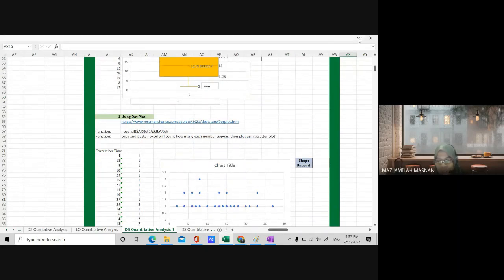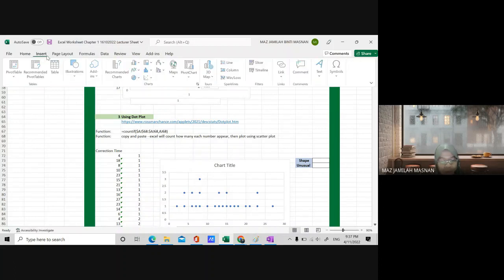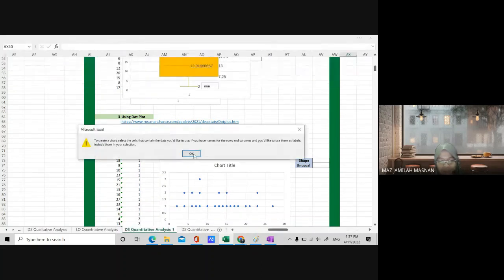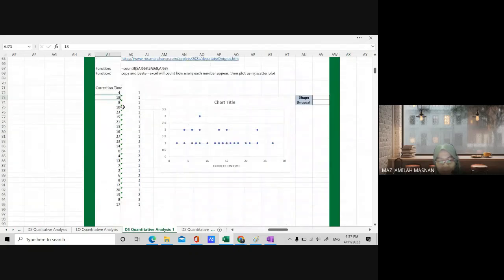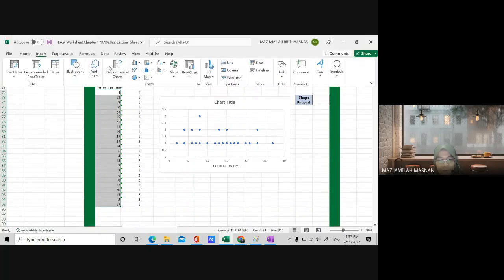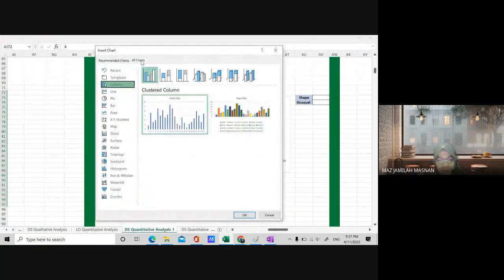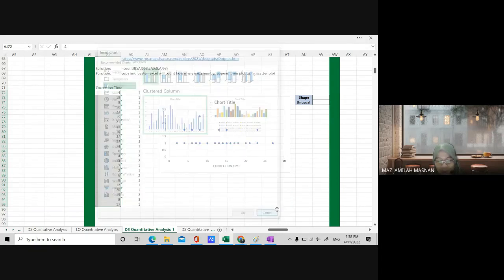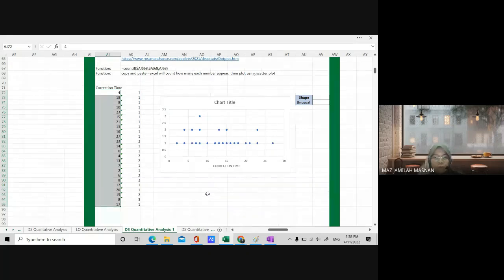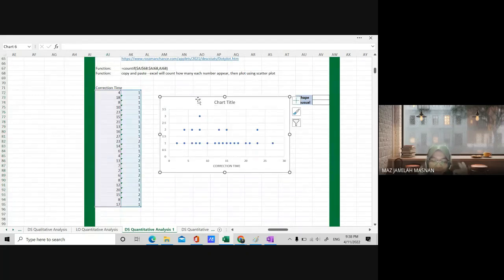If you look at your recommended charts, go to charts, recommended charts, all charts, you can see there is no option for dot plot. So how can I use the options that we have here to come up with our dot plot? You have to do one extra work here.